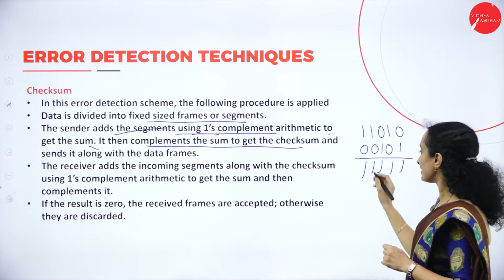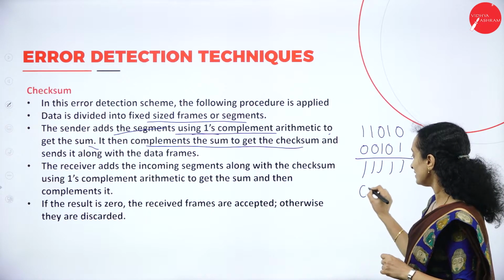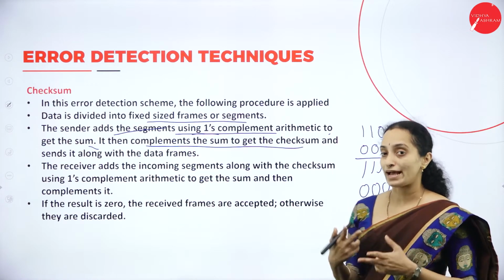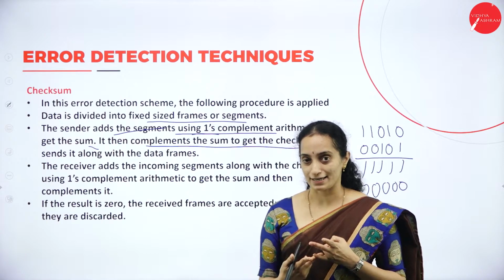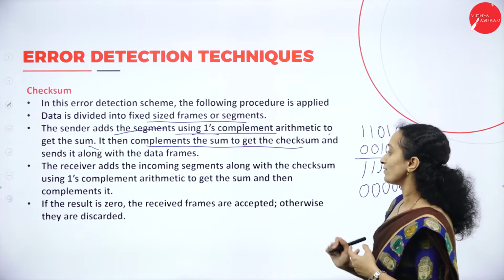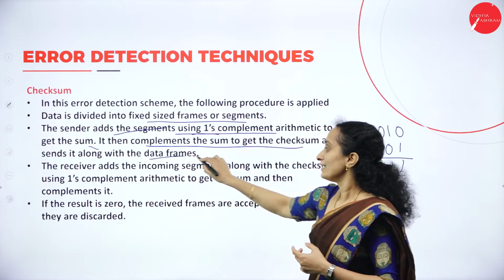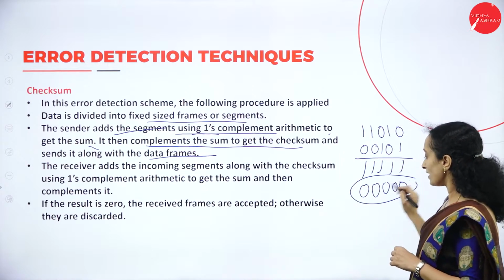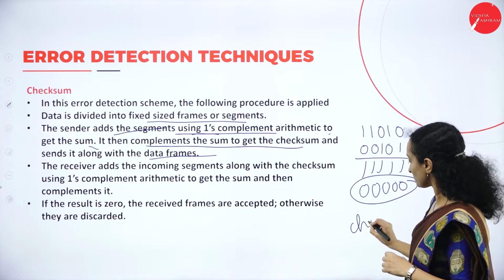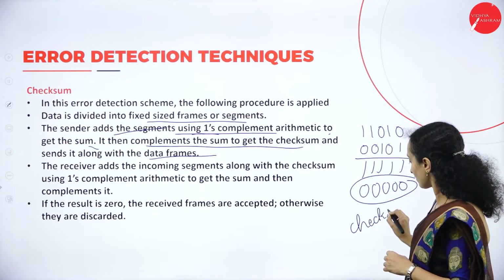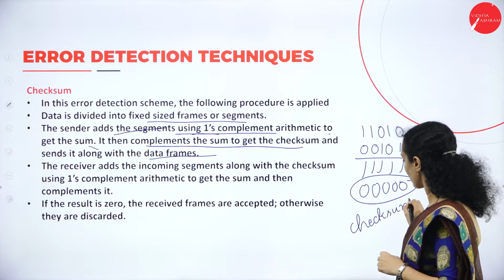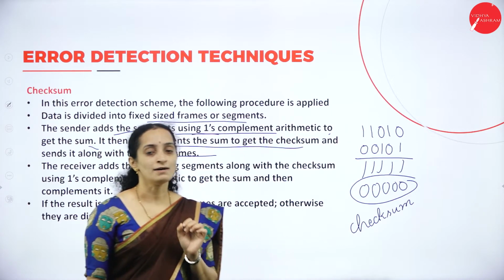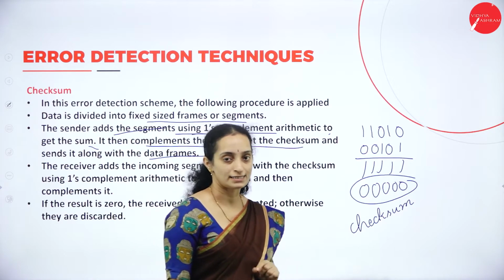Again it will generate the ones complement for this, like 00000. So 2 times complement will be generated or calculated and is sent along with the data frame. This can be called a checksum. This checksum will be sent along with the packet by the sender.